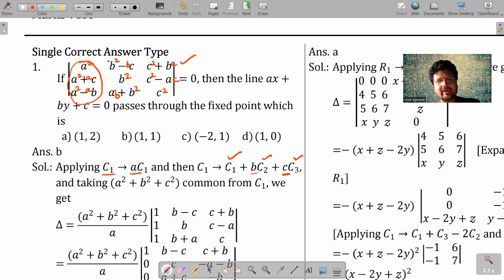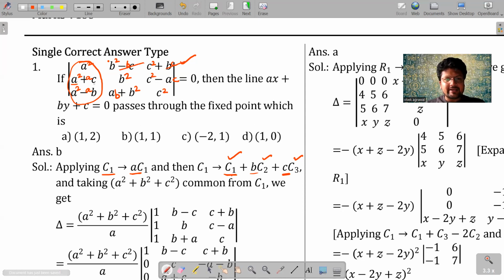And now we are adding column number 1, column number 2, and column number 3 into column number 1 itself. Whatever I write first, we apply those transformations in that particular column or row. So if we add column 2 and column 3 to column 1, I'll get A square plus B square plus C square, and minus BC plus BC will cancel out.